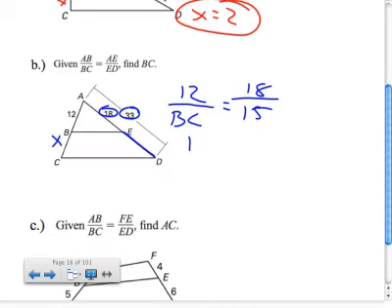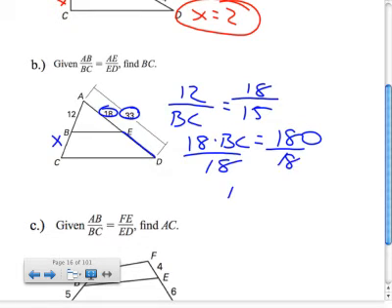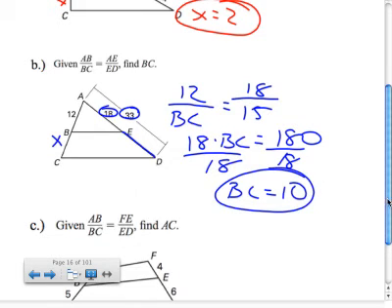Then we cross multiply, so 18 times BC equals 12 times 15, which is 180. Divide both sides by 18. So the length of BC here is just 10 units long.